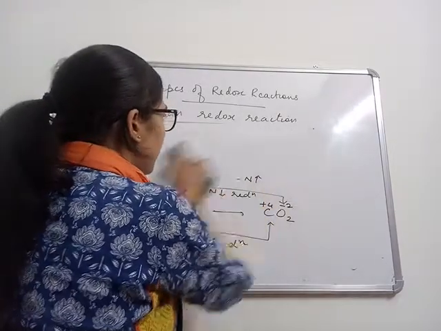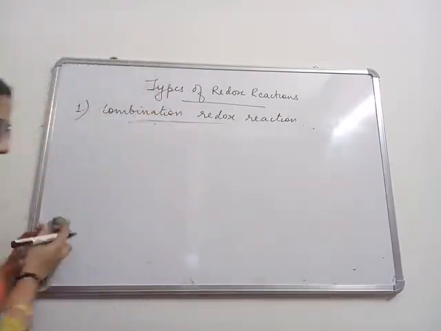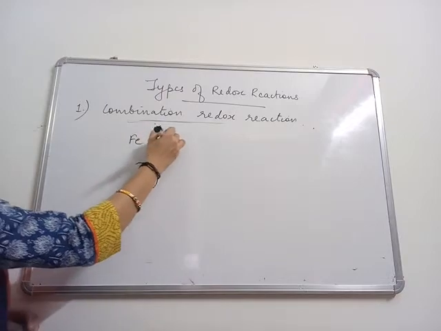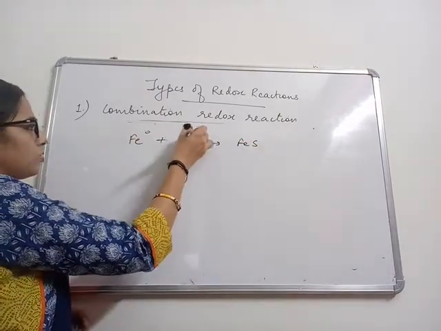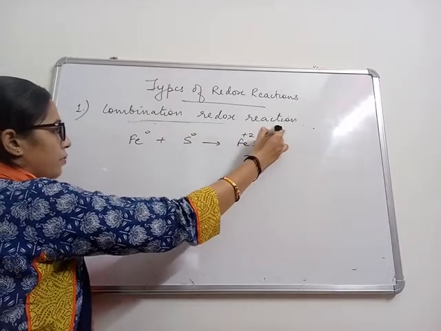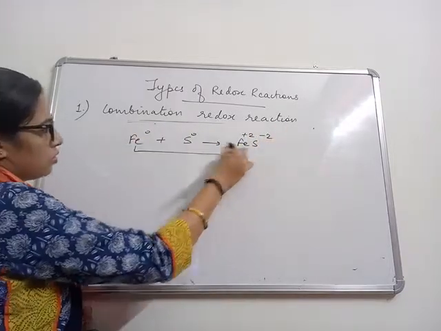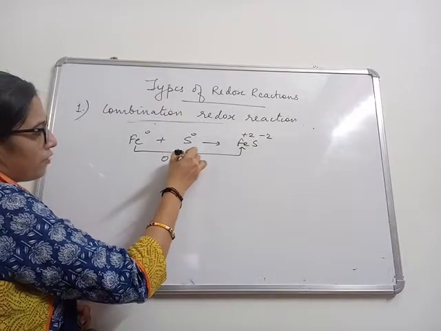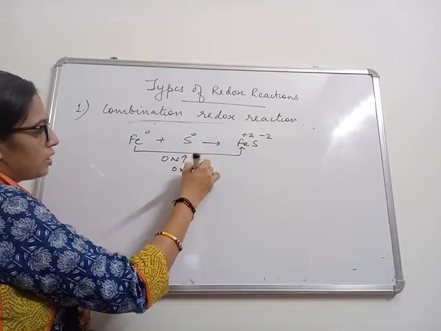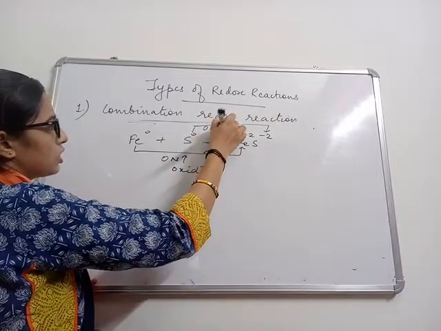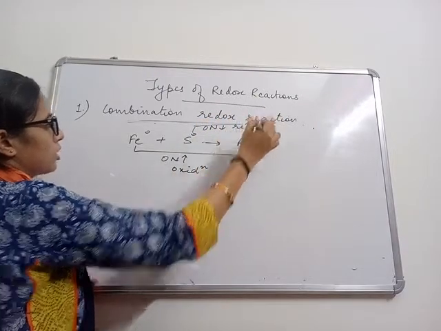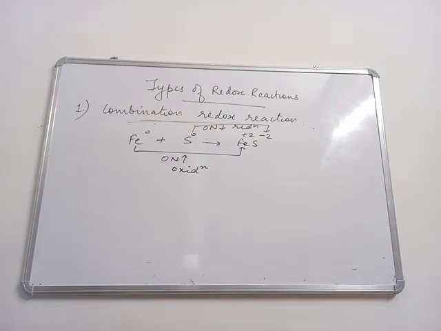Also, iron reacting with sulfur gives iron sulfide: Fe 0, sulfur 0, Fe +2, S -2. So the oxidation number of Fe increases, thereby Fe is undergoing oxidation, and that of sulfur decreases, so it undergoes reduction. So these are all combination, but these are redox also, combination redox reactions.